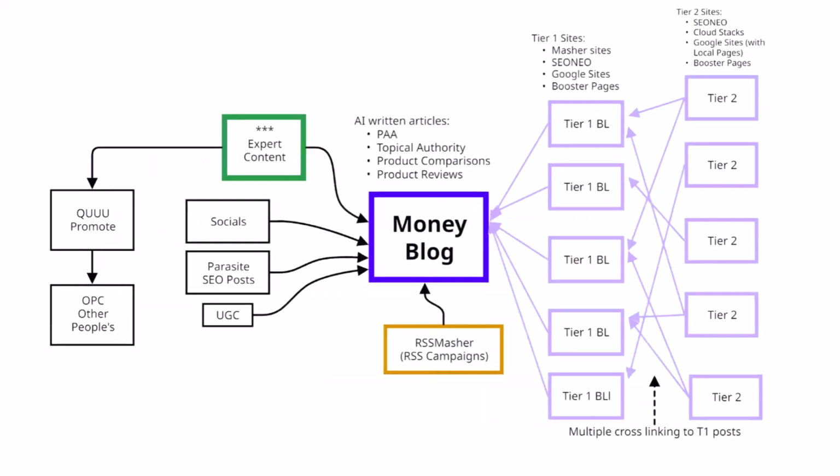Okay. Now, I told you earlier that we have different ways to promote expert content. Human written, edited expert content. And it's actually sitting in here, but this is the methodology that we use. So I use a program called Q Promote. I got it on sale.